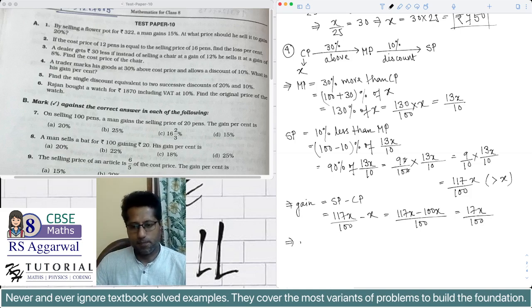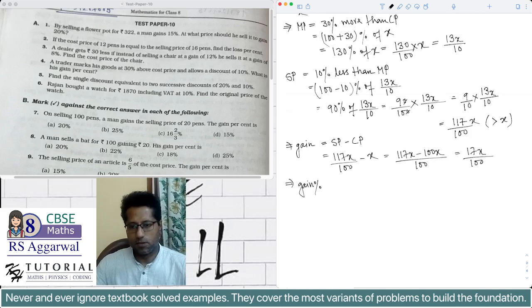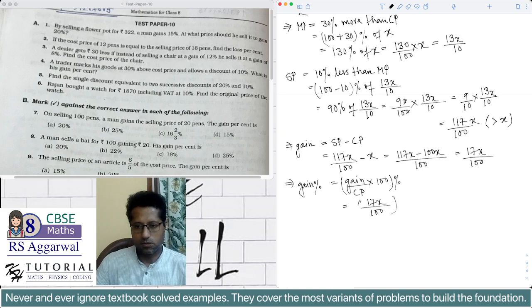Therefore, gain percent is equal to gain divided by cost price multiplied by 100. This is equal to gain 17x by 100 and cost price x, multiplied by 100, this much percentage.